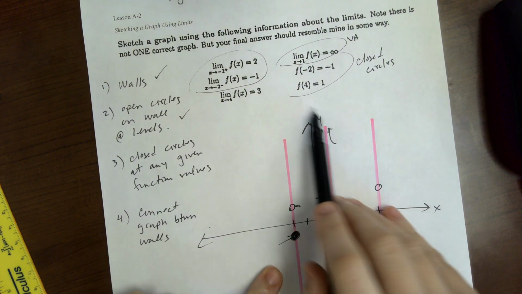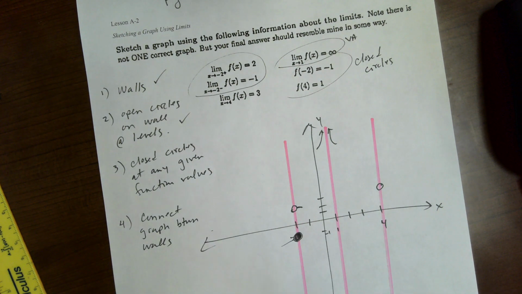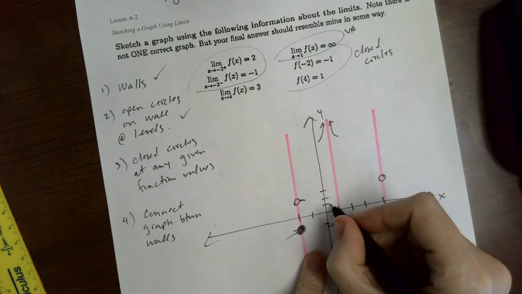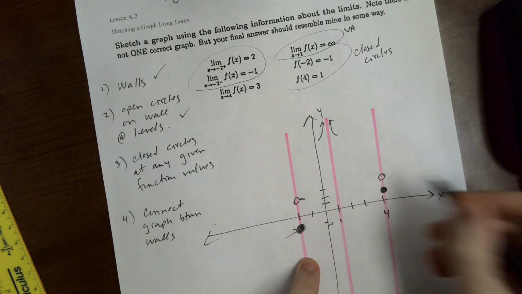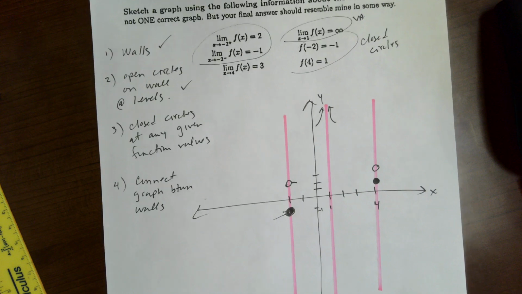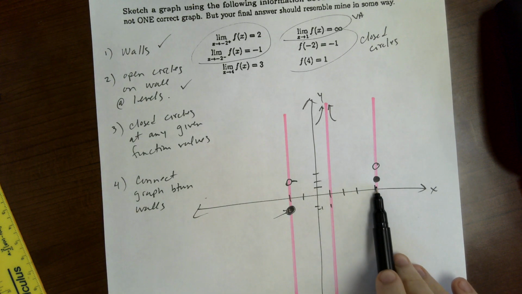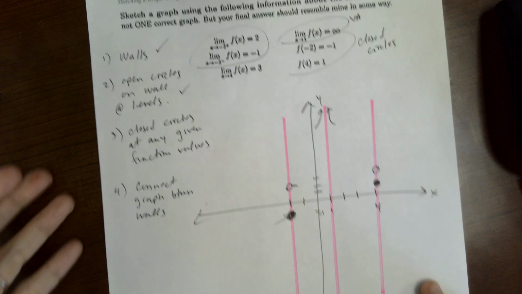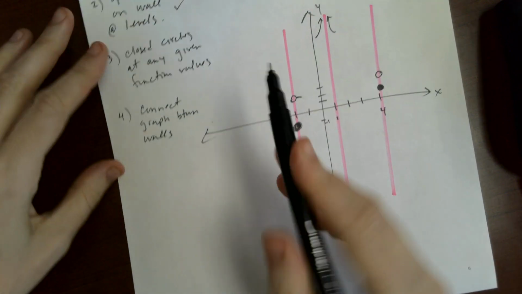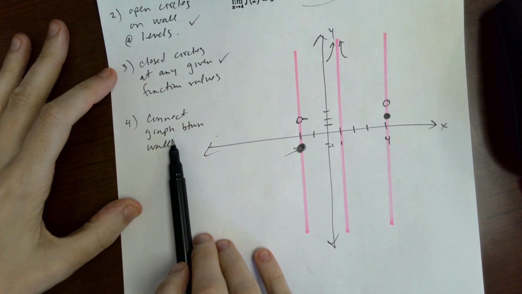F of -2 is -1. And then f of 4 is +1. So we're going to have a closed circle right there. So sometimes a closed circle will fill in an open one, but other times it'll be above or below the open one.